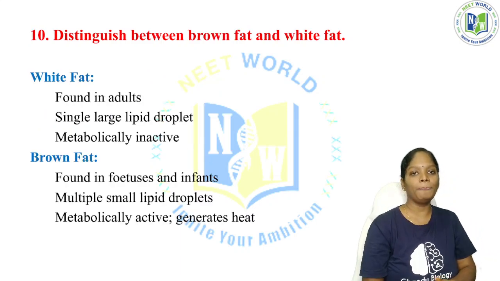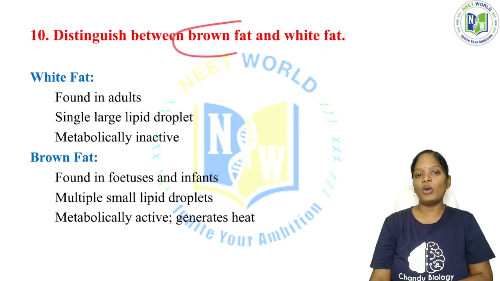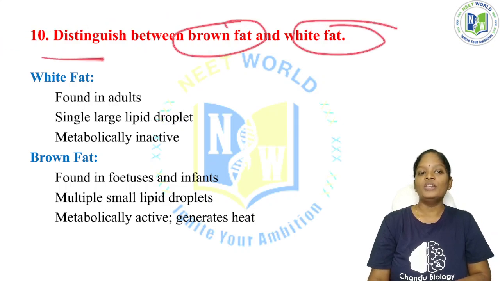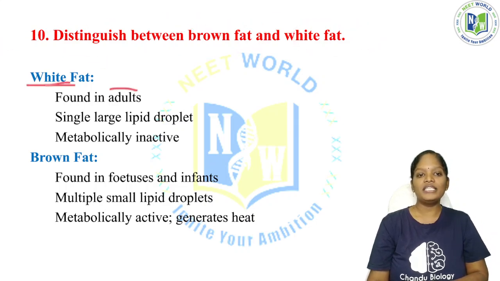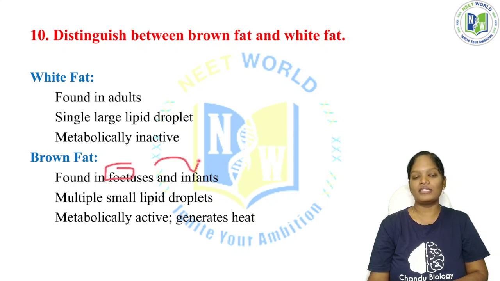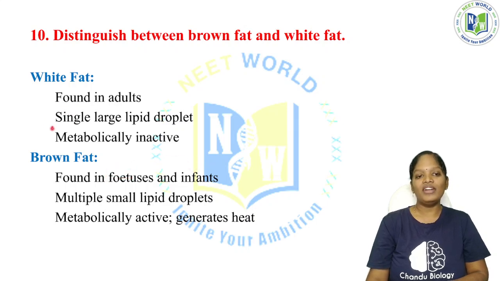Now, distinguish between brown fat and white fat. White fat is found in adults. Brown fat is found in the fetus and in infants. White fat has a single large lipid droplet, and brown fat has multiple small lipid droplets.